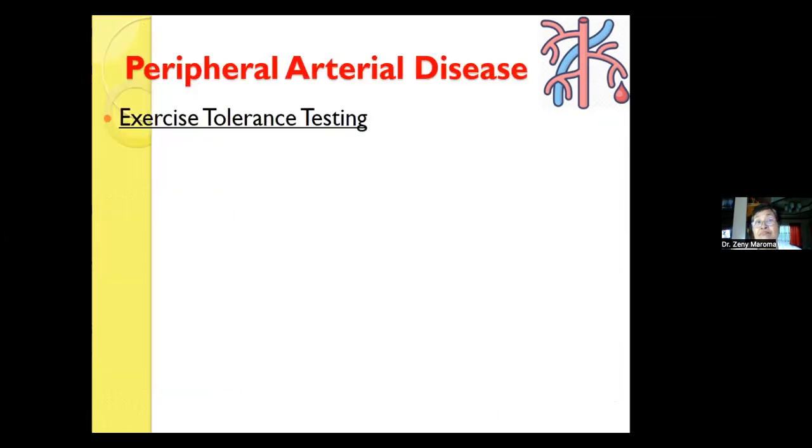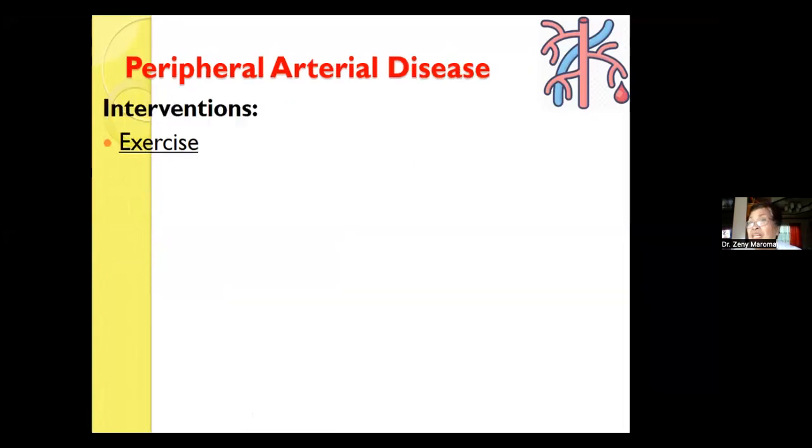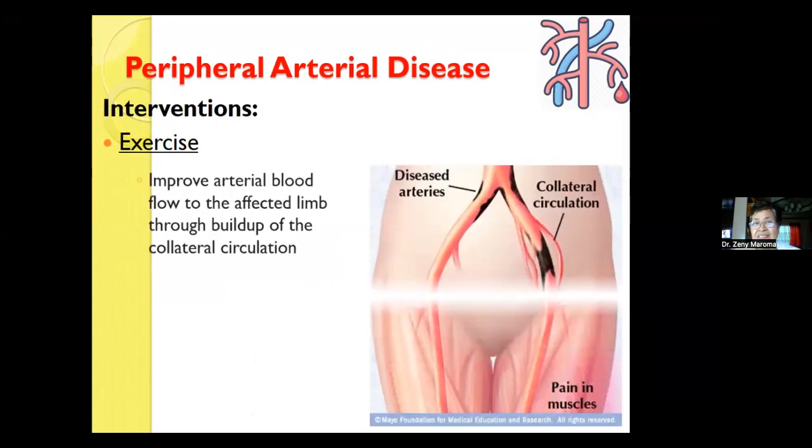Also, another test is exercise tolerance testing by the use of treadmill, done by stress test or treadmill, and gives valuable information about claudication. Para bang yung ginagawang treadmill para sa puso. Same machine, na kung kaya ba niyang mag-exercise for several minutes, or the patient will complain of intermittent claudication. Okay, intervention, exercise.